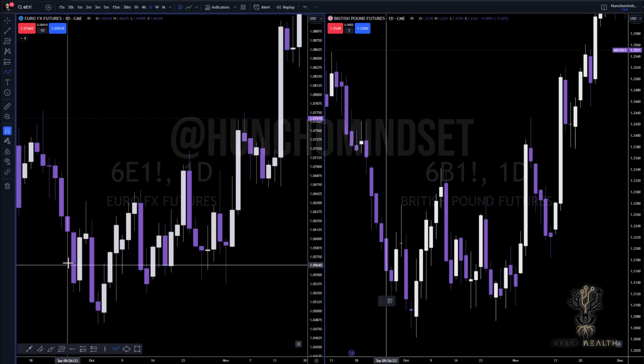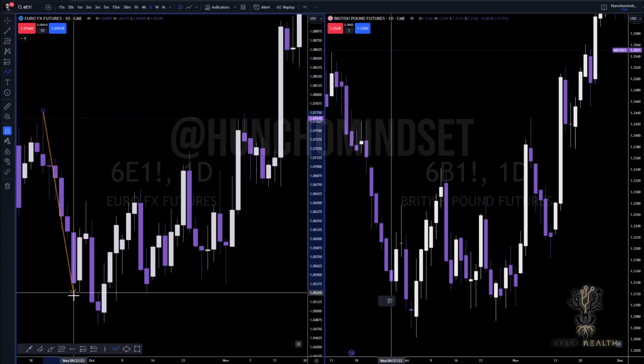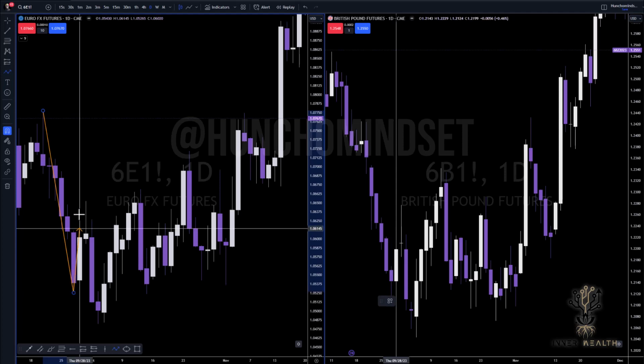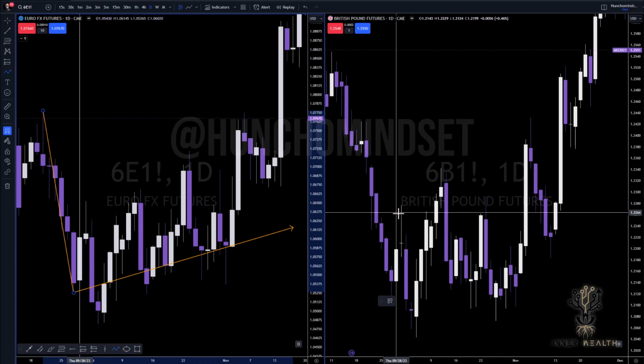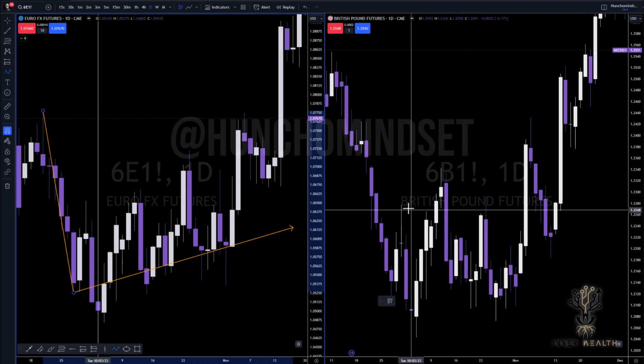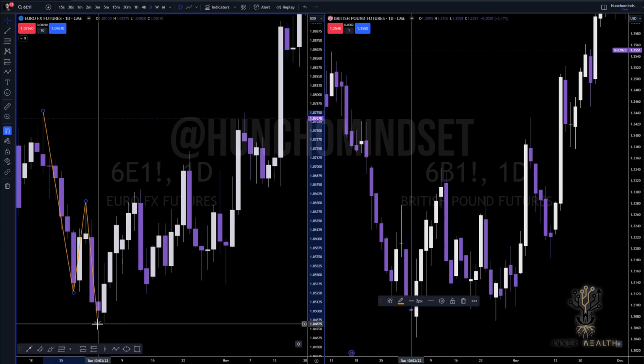We move from September 20th to September 27th. We move downwards, creating a lower low. Then we create a lower high. And look at how on GBP USD, we created that low, and then we created that lower high, to a new lower low.